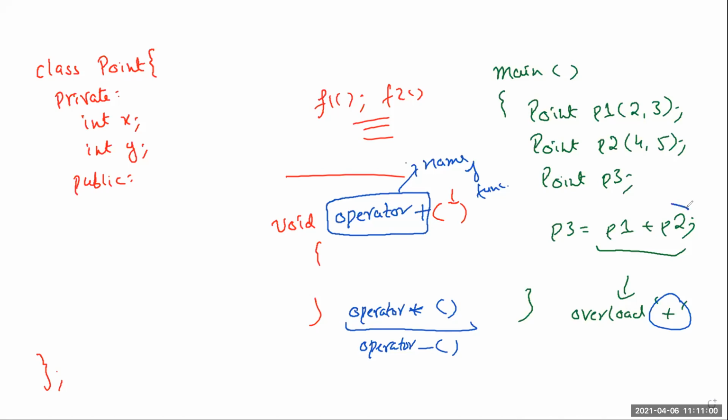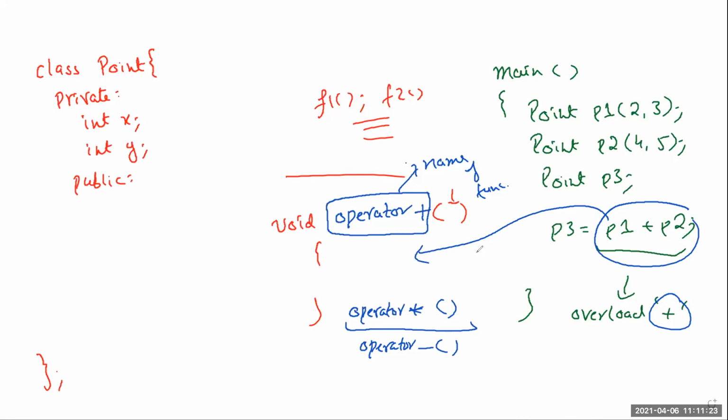Whenever someone writes a statement P1 plus P2, this function will be called. I'll write the body and discuss the arguments later on, but from a high level conceptual perspective, if you have made a function operator plus, whenever someone writes P1 plus P2, this function will be called.